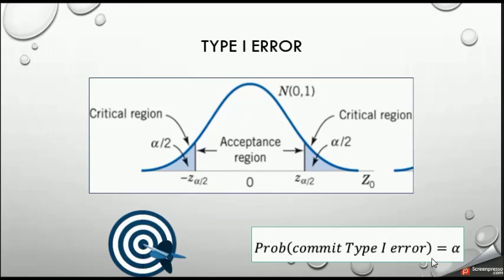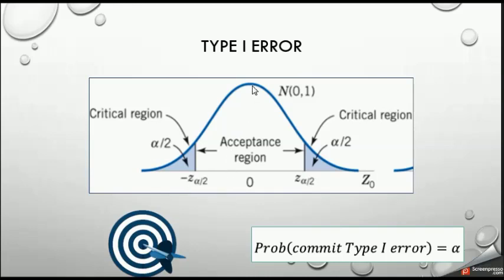Now suppose we have the normal distribution. In the first case, we have the two-sided test. In the middle here, we have the acceptance region, which is 1 minus alpha. So the rejection area is alpha over 2 to the right and alpha over 2 to the left of the critical values.